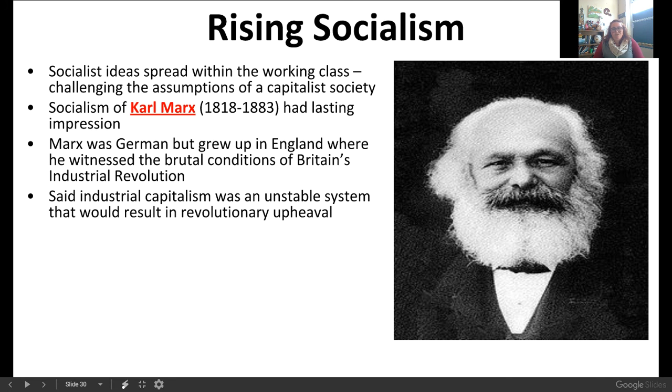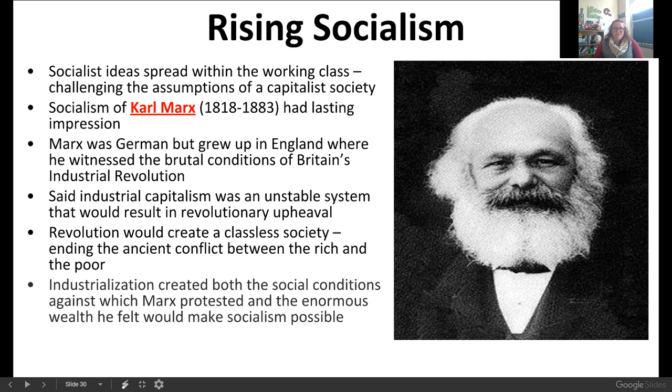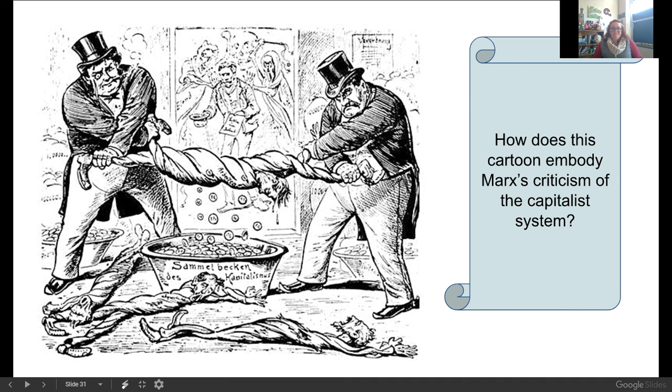He said that industrial capitalism was an unstable system that would result in revolutionary upheaval. The revolution would create a classless society, ending the ancient conflict between the rich and the poor. So, to Marx, industrialization created both the social conditions against which Marx protested and the enormous wealth he felt would make socialism possible.